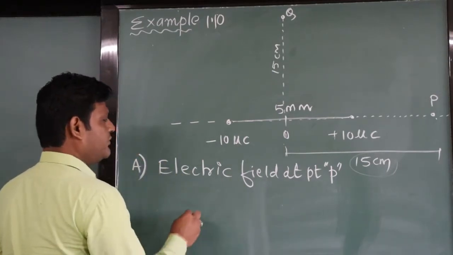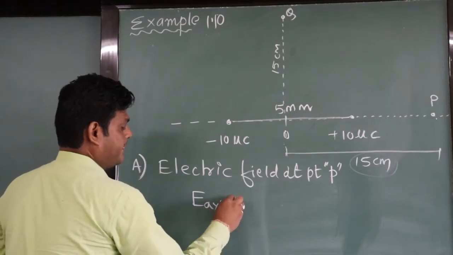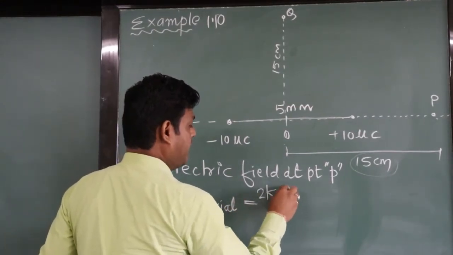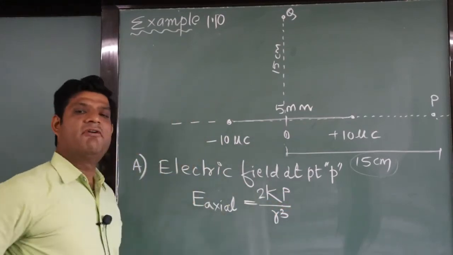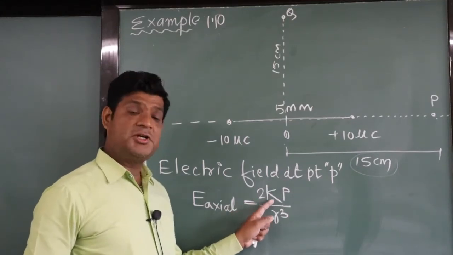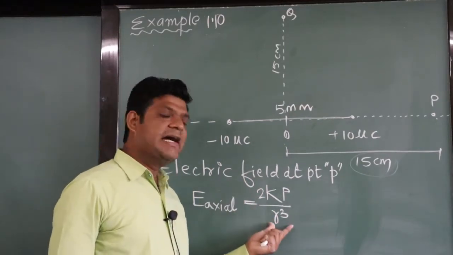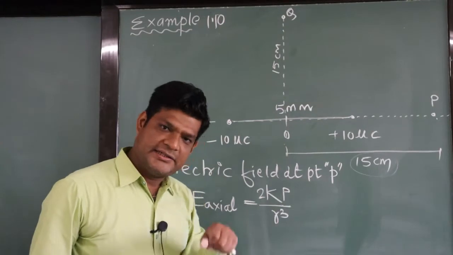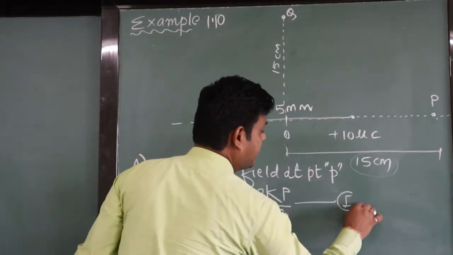So the required formula for this, E axial, is 2Kp divided by r cube. Here 2 is a constant, K is the Coulomb constant, p is the dipole moment, and r is the distance of the point from the center, right. So this is equation number 1.